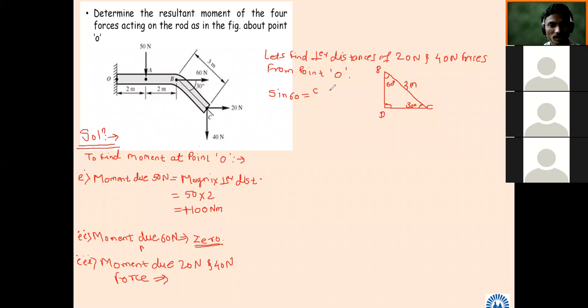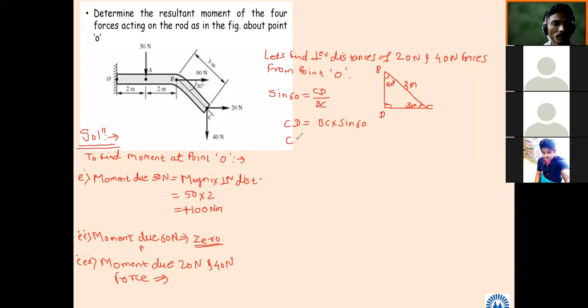So what will be sin 60? Sin 60 is the opposite side CD divided by the hypotenuse CB, or BC. So what will be CD now? Simply CD is equal to BC into sin 60. How much is it? BC is given as 3 meter. Calculate sin 60 and tell.